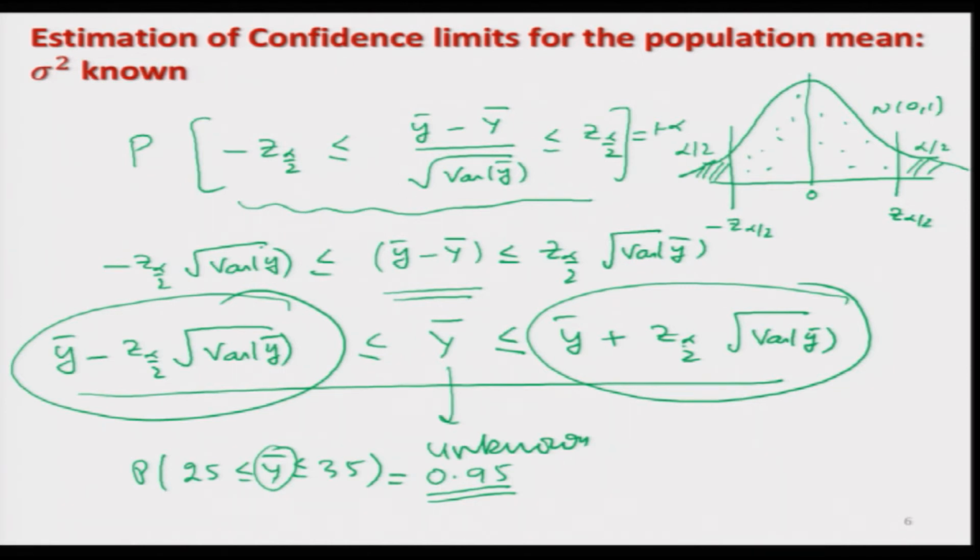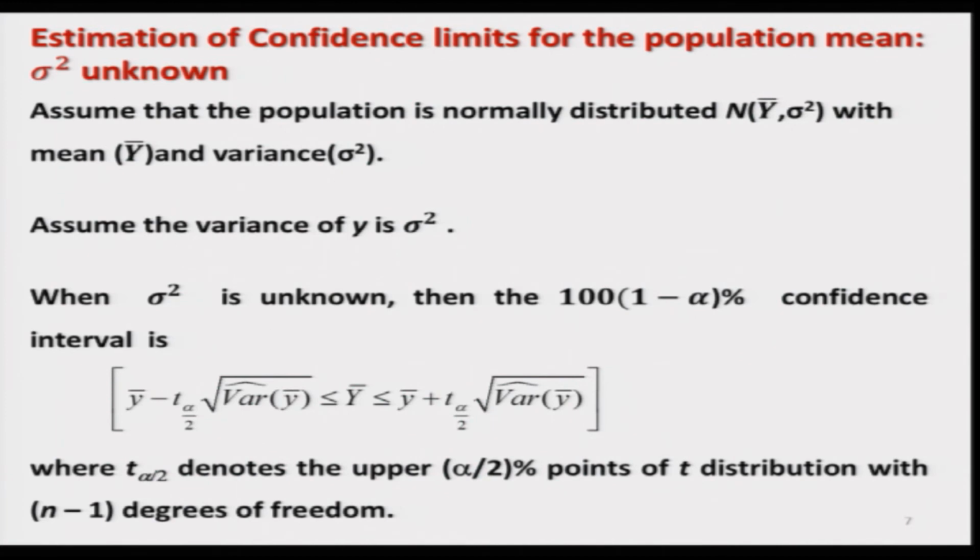Okay, so, now I come to the second case where we assume that sigma square is unknown to us. So, again we make the same assumption here that the sample is coming from a population which is following a normal distribution, normal with mean capital Y bar and variance sigma square, and every unit has got the same variance sigma square.